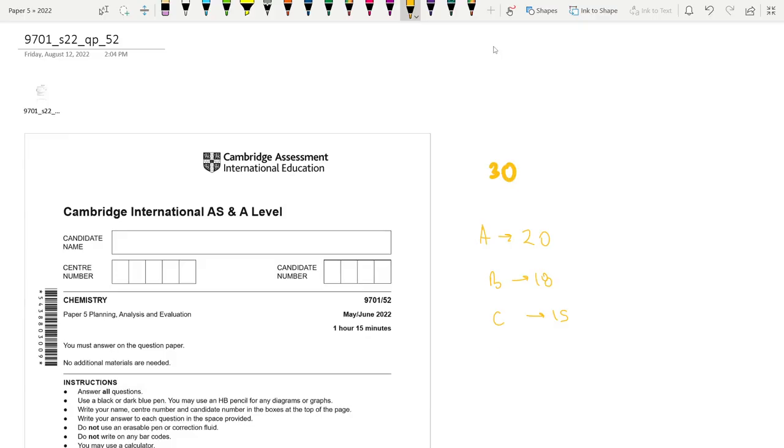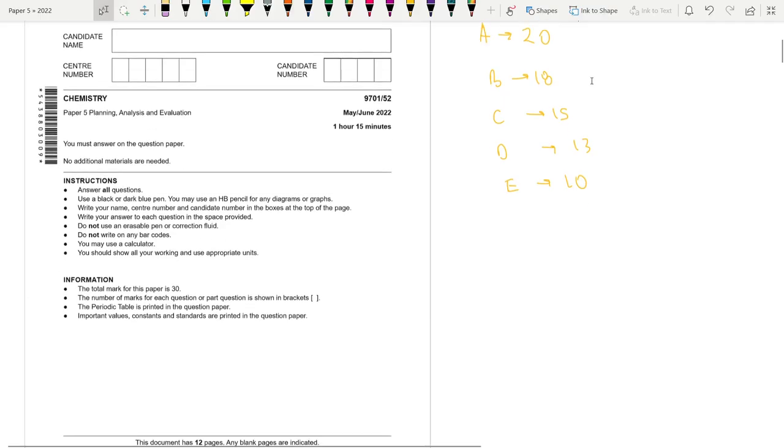C was at 15, D was at 13, and E was at 10. So U was probably around 5 or something, and A star was at around maybe 23 to 25, approximately. That's not mentioned, but approximately it should be around 23 to 25, yeah? So let's begin.